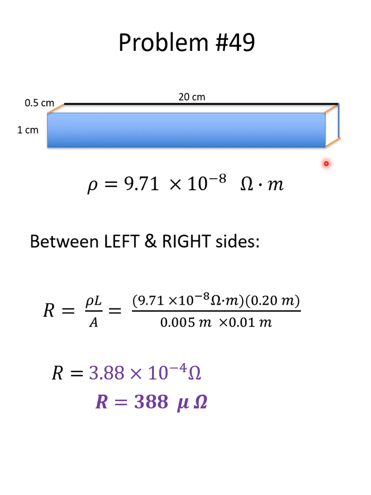The cross-sectional area, you can look on this right-hand side, you can see it is 0.5 centimeters deep, that's the orange segment that I've drawn, times a height of 1 centimeter, that's the blue segment that I've drawn, so that gives the area. And of course, I've turned them all from centimeters into meters. And you get 3.88 times 10 to the negative 4 ohms, or 388 microohms.